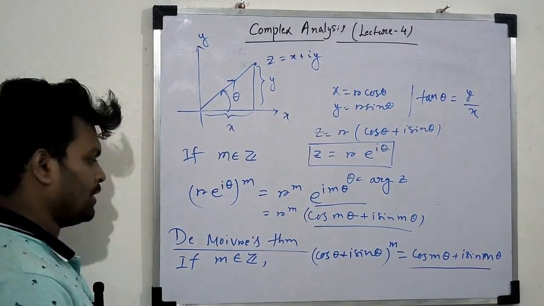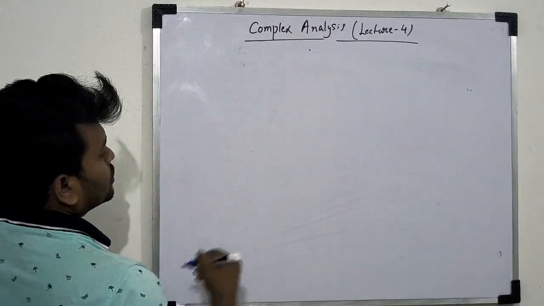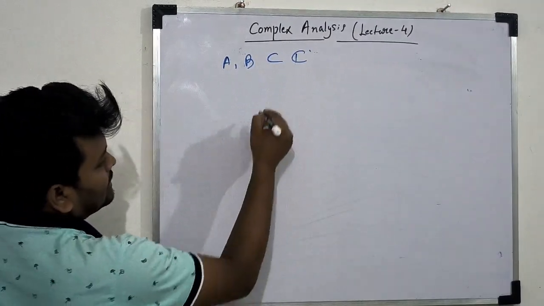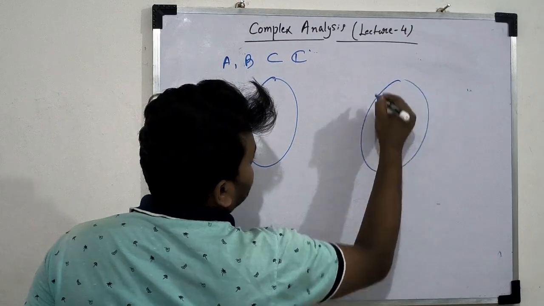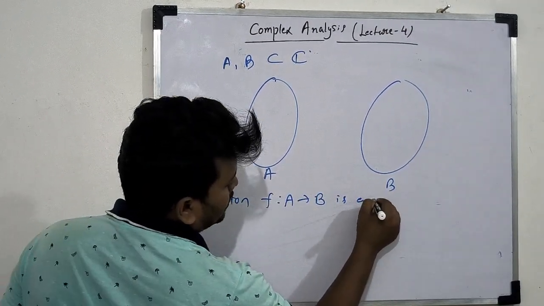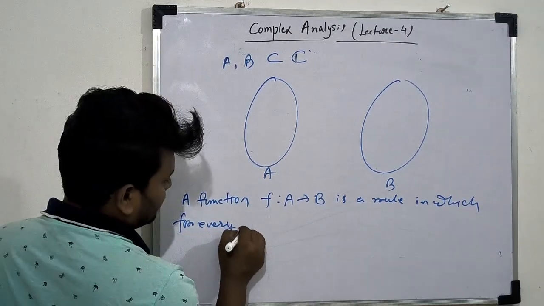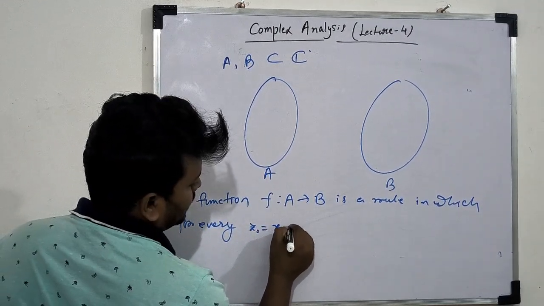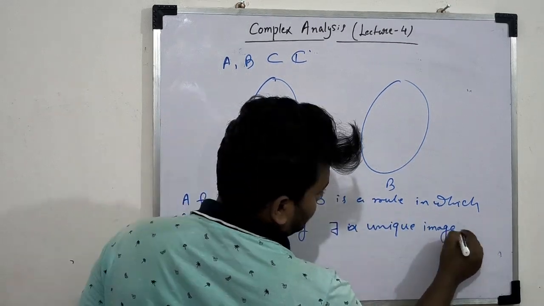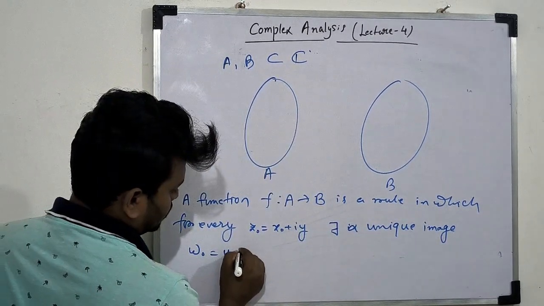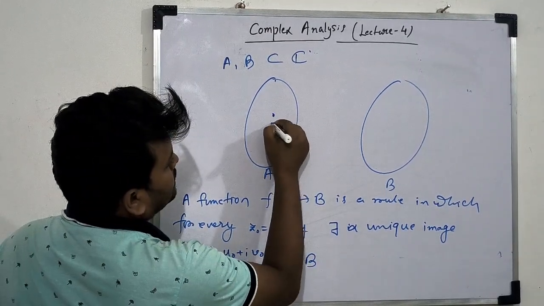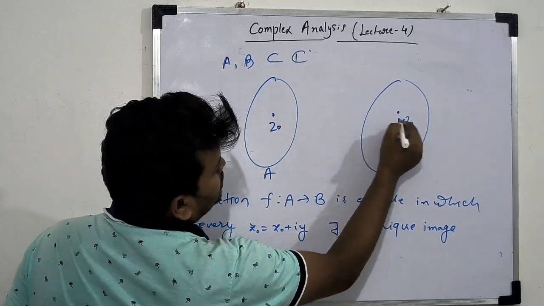You can note this. Now we discuss functions in complex numbers. So let us consider A and B to be subsets of C. So this is A and this is B. So a function f from A to B is a rule in which for every z0 equal to x0 plus i y0, there exists a unique image w0 equal to u0 plus i v0 in B. So this is z0 and this is w0.